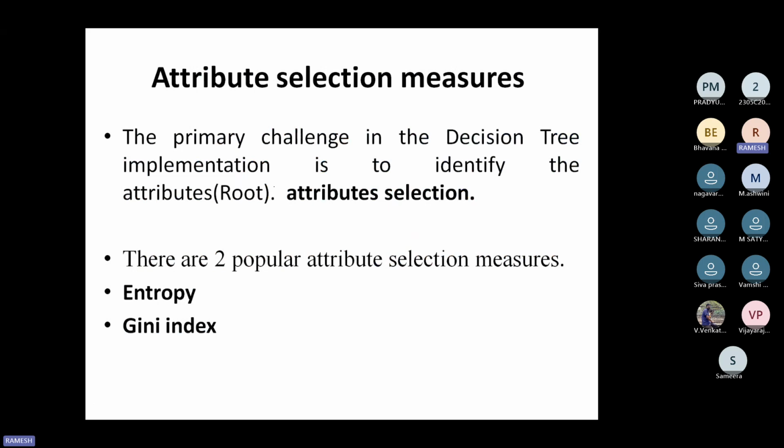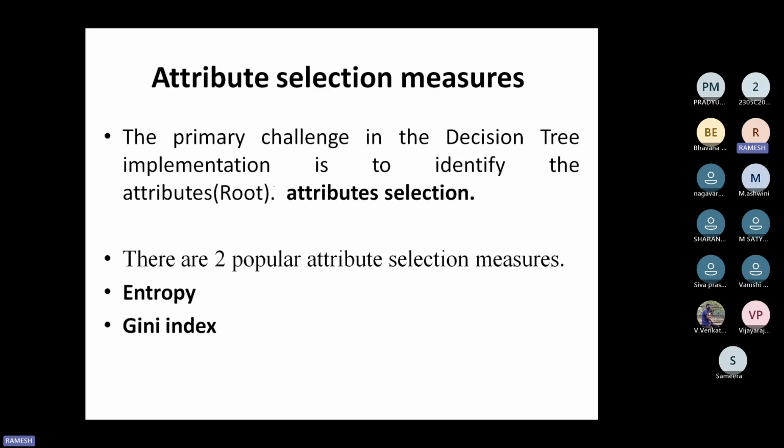Which feature we should select first, which feature second, and which feature comes third. That priority we are giving, and based on that we are making the root and subordinate nodes in tree format. For that we are following entropy and Gini index.